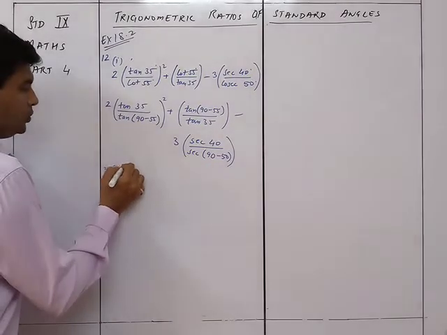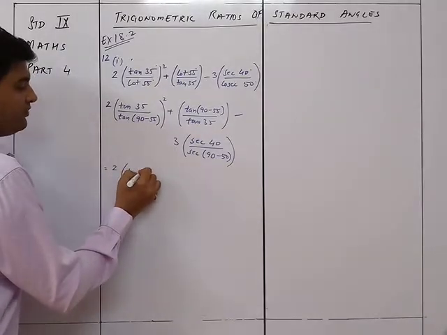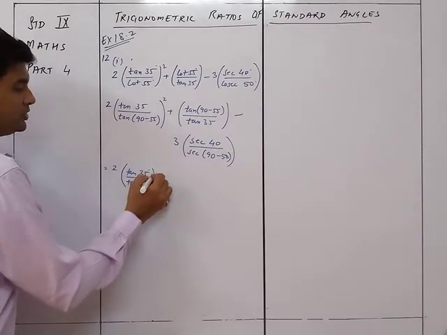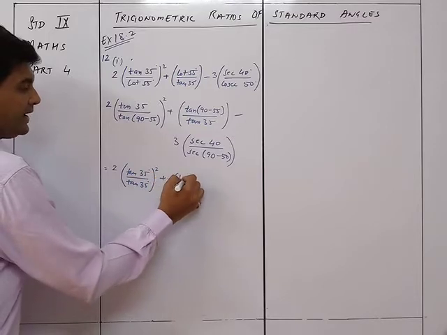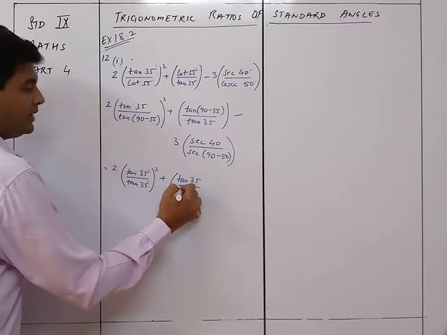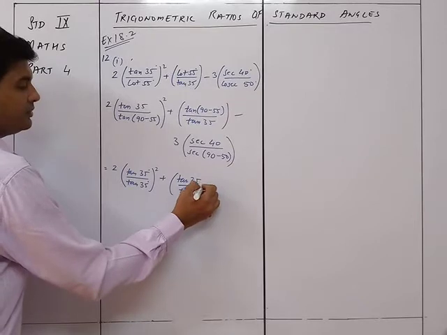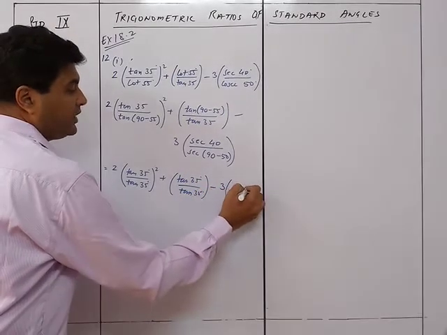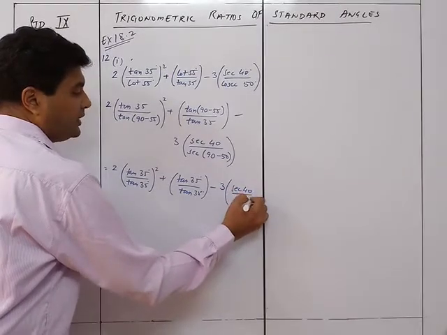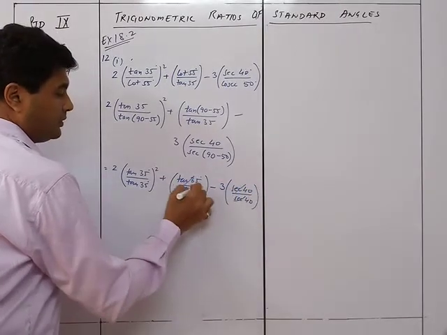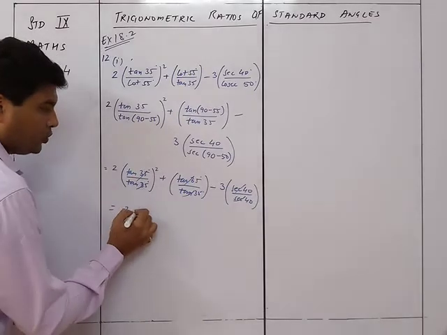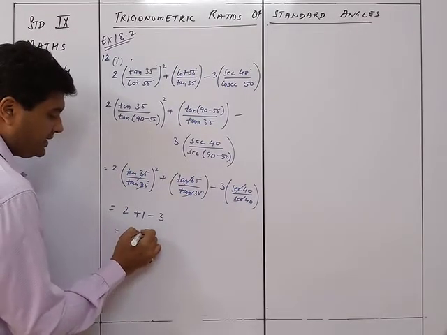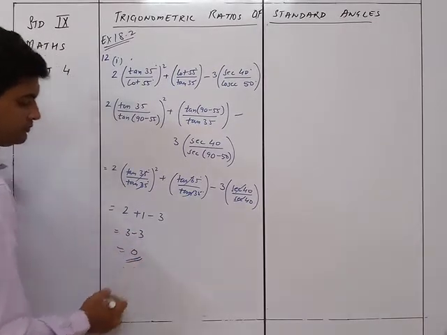That will give me 2 into tan 35 upon tan 35 the whole square plus tan 35 upon tan 35 minus 3 sec 40 upon sec 40, which is equal to 2 plus 1 minus 3, that is 3 minus 3 is equal to 0.